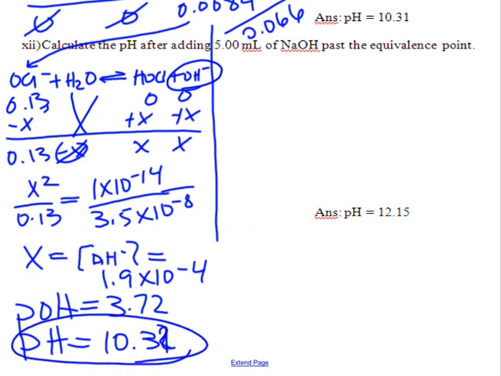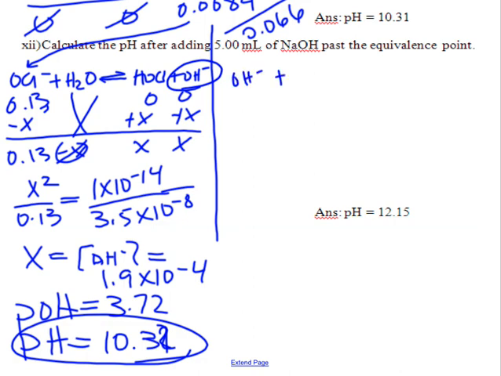All right. So that's at the equivalence point, and it makes sense because we have a strong base, weak acid. So our base being stronger is going to push that equivalence point above 7. Okay, the last part I'm writing here because it doesn't take a lot of space, because now we're going to add 5 mils past that equivalence point.